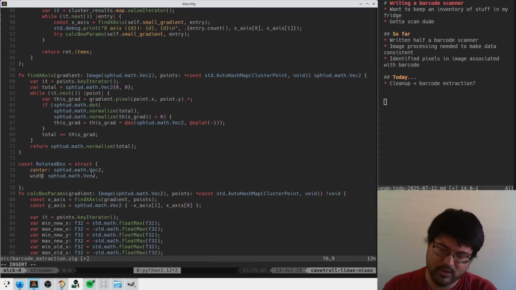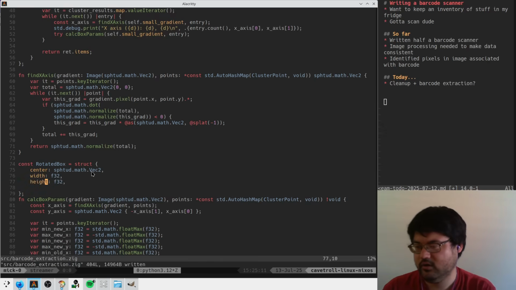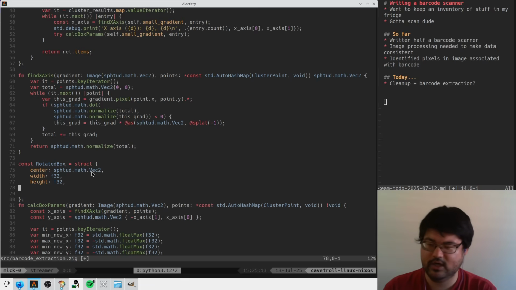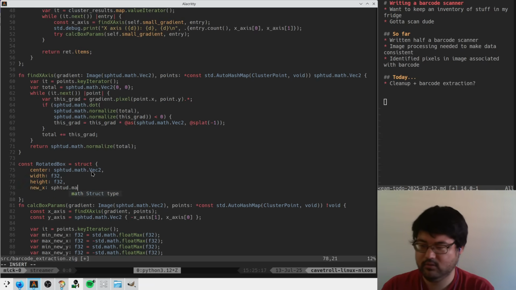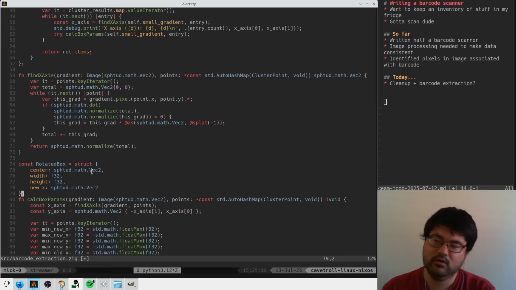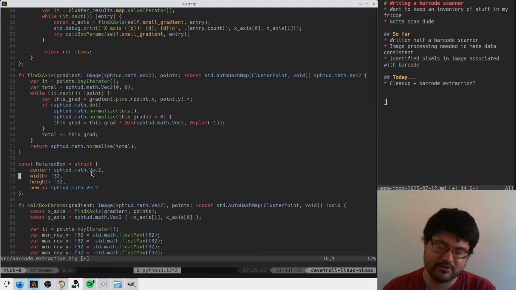We have width, height, and new X, I guess. Which is too many parameters, I understand that. But whatever.